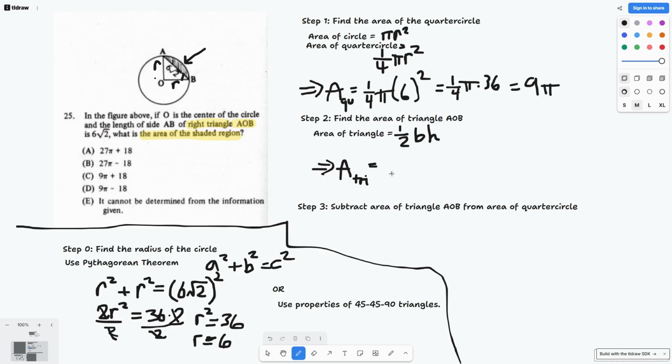The area of the triangle is going to be equal to 1/2 times 6 times 6. The base and height of the triangle are both 6, which is going to be 1/2 times 36. And 1/2 times 36 is 18.